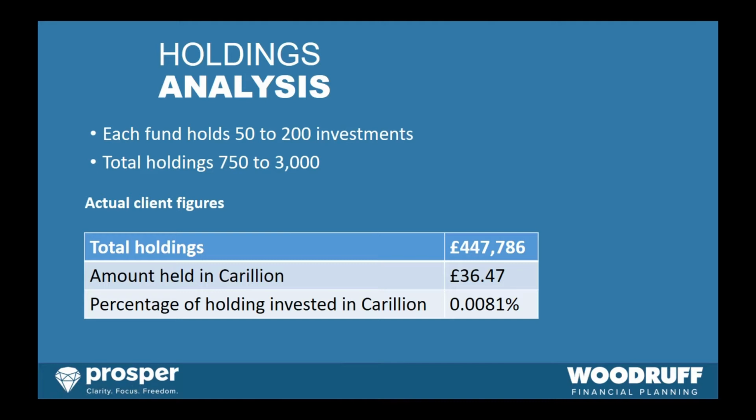Hopefully that client will look at that information. It's not ideal to be losing money with a company in liquidation, and obviously we can't avoid that. What it means is that the £36 compared to the £447,000 they've got invested with us equates to 0.081%. Ultimately, the worst that can happen to this client is that they lose £36, and in the context of £447,000, it's a drop in the ocean.